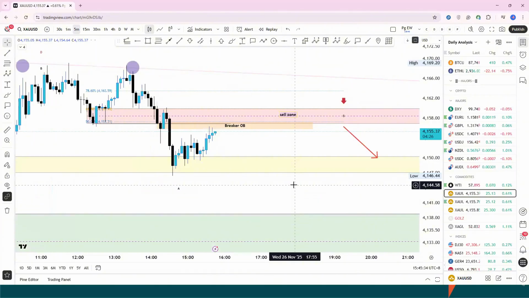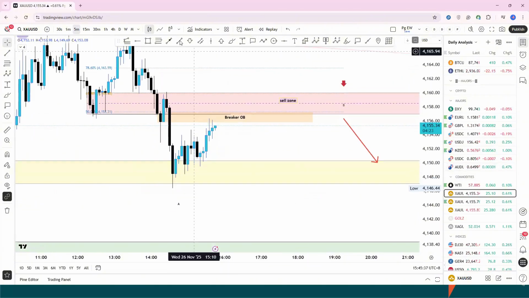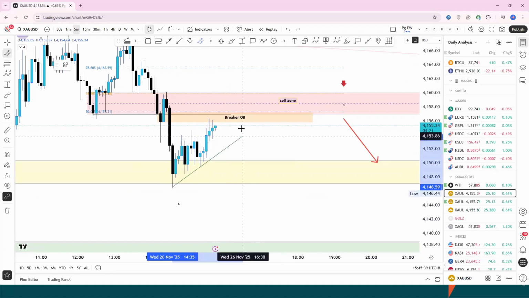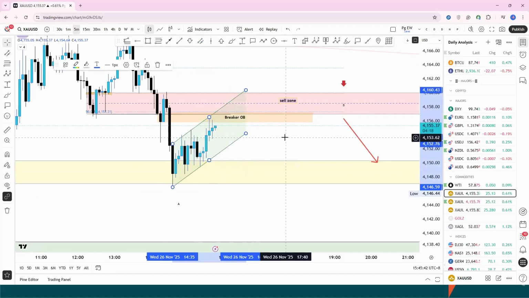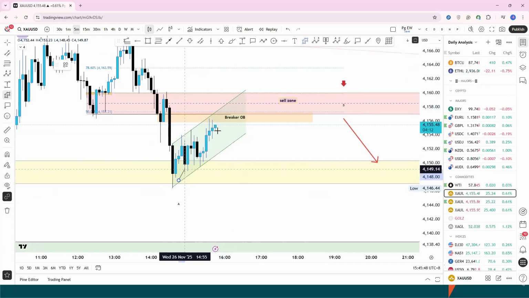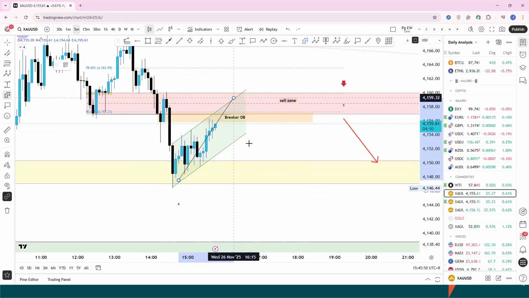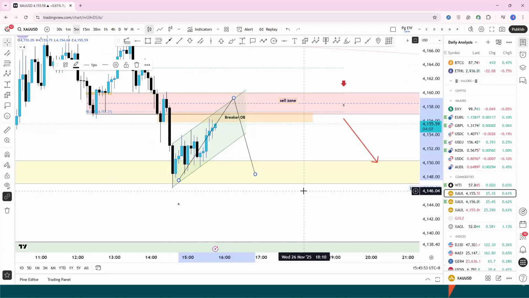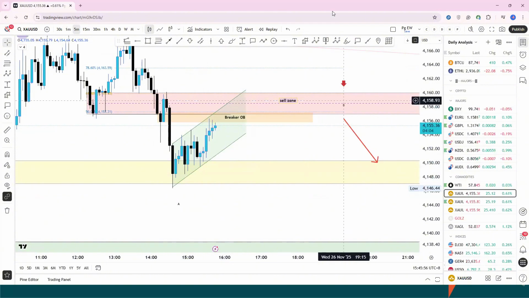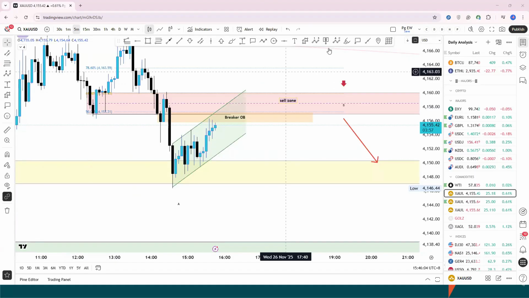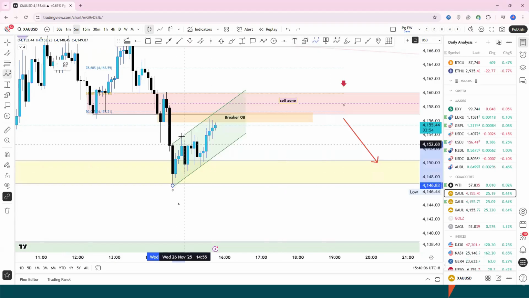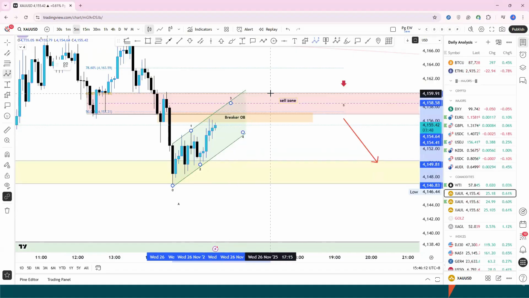I'm gonna zoom into M5. Meaning that they might go to this, then fall. Okay, so we can hold. If you want to count the wave in the small one, okay, 1, 2, could be 3, 4, 5.